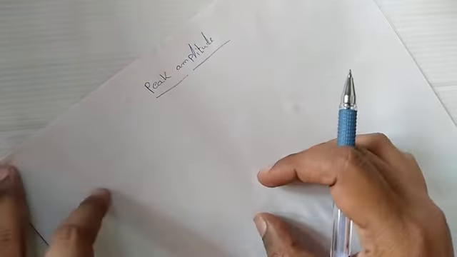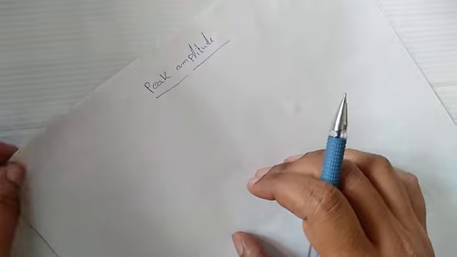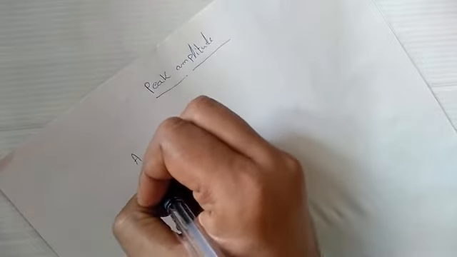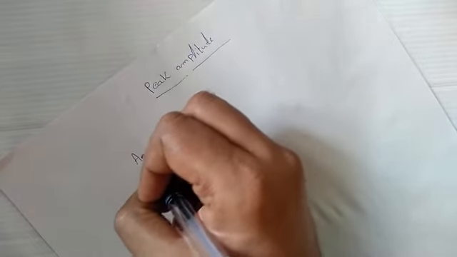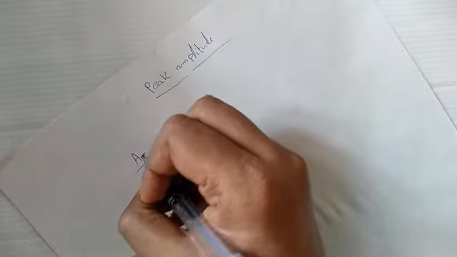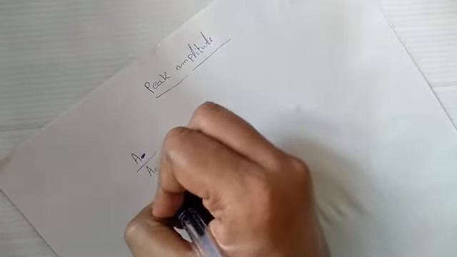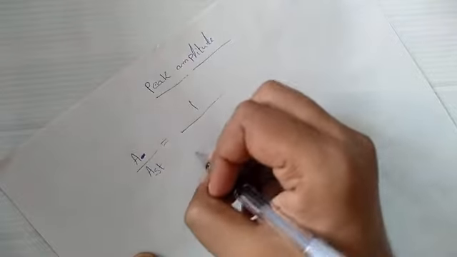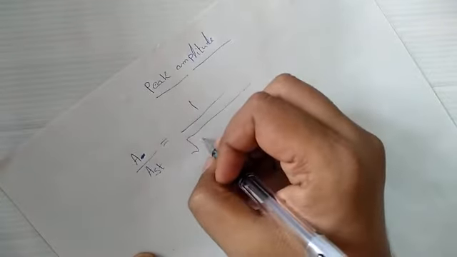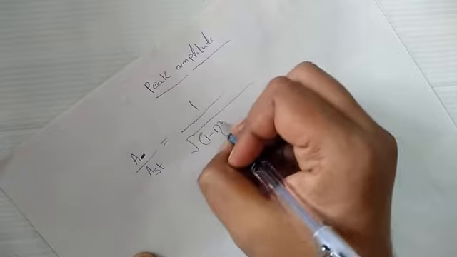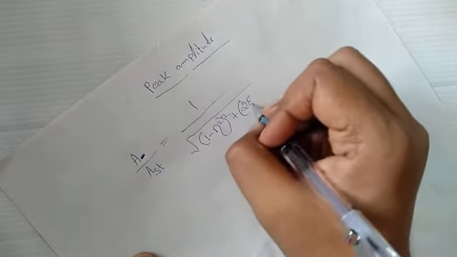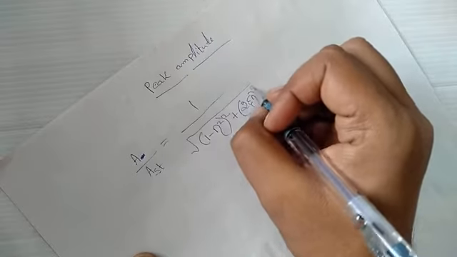In forced vibration, finding out the peak amplitude is important. So we have the steady state amplitude formula, A divided by AST is equal to 1 divided by root of 1 minus eta square whole square plus 2 zeta eta whole square.